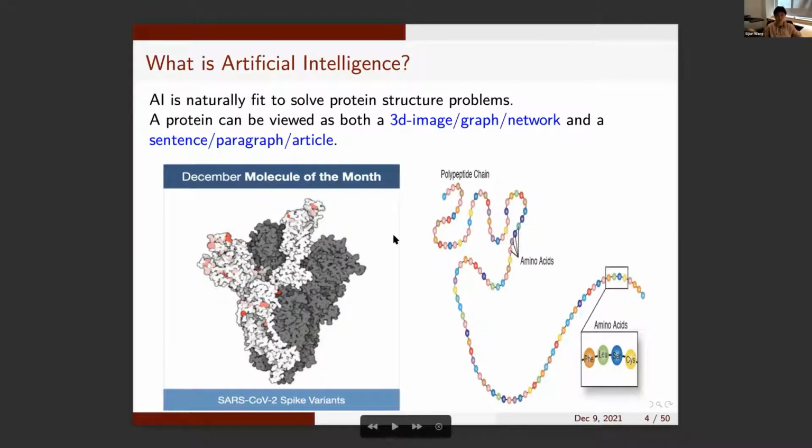Also, we know that a protein is an amino acid sequence, so it can also be viewed as sequence data or treated as a sentence, paragraph or article. That means the methods developed in CV and NLP can be naturally applied to protein structure problems.